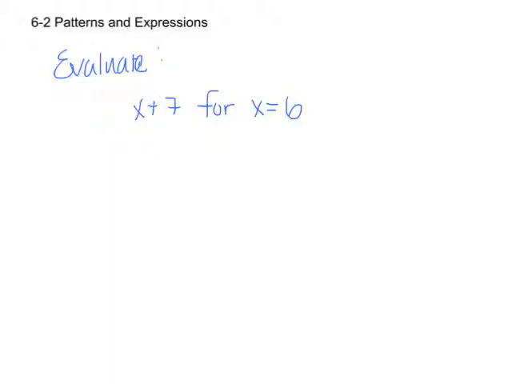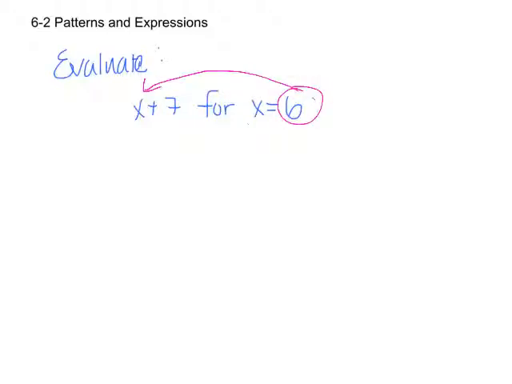They're telling me that x equals 6. So what I want to do is substitute x equals 6 in for x. I'm going to take the 6 and substitute it in for x.